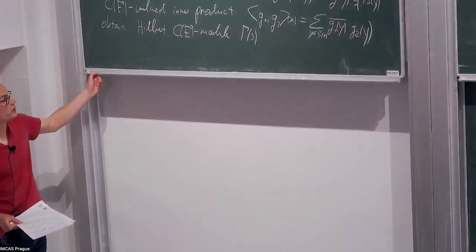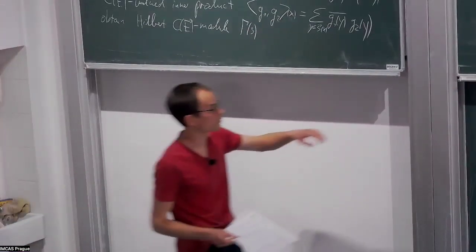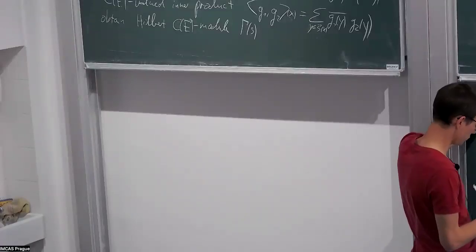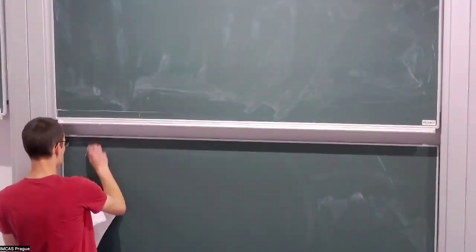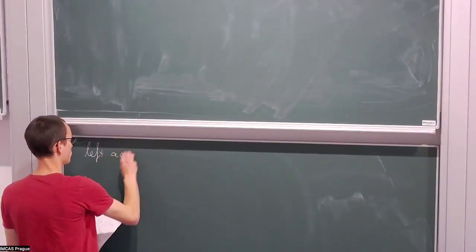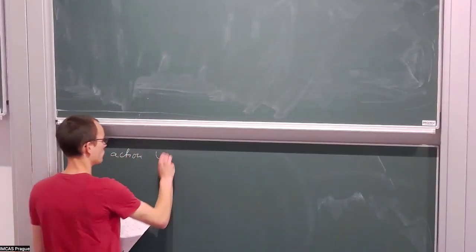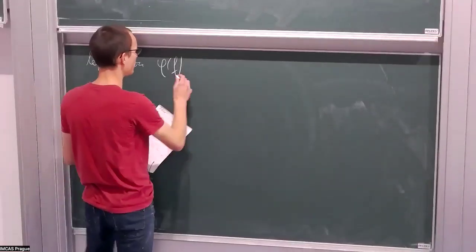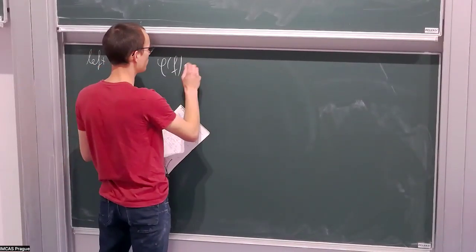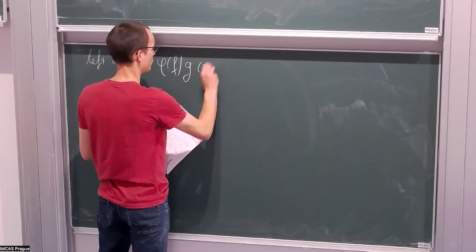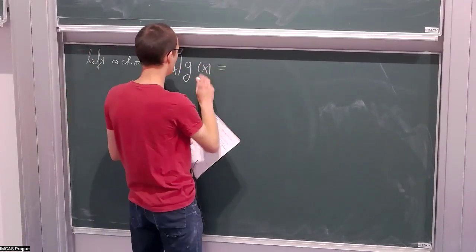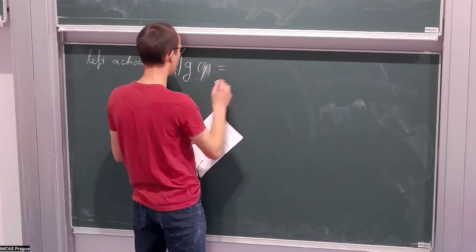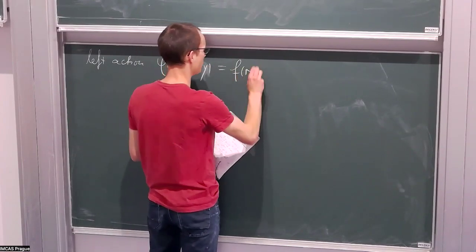And now we want to build a left action. This will take a function f in C of E0. We apply it to a function g in C of E1, evaluate it in y, and we get f of r of y.